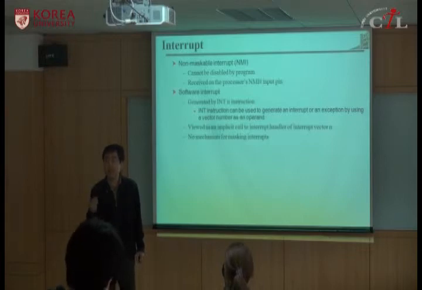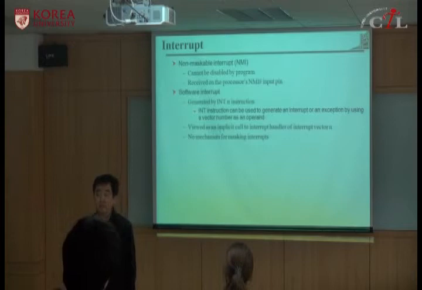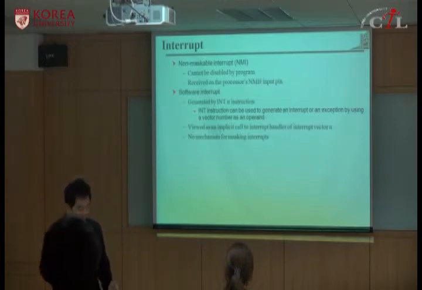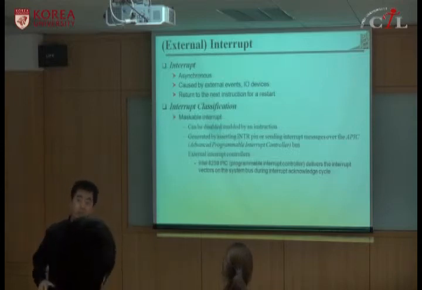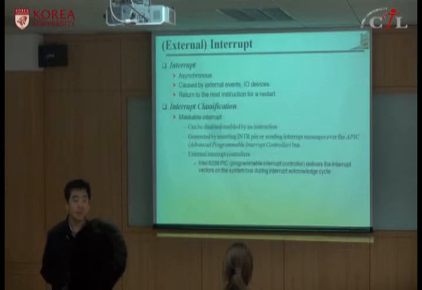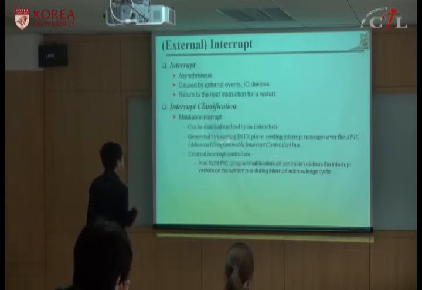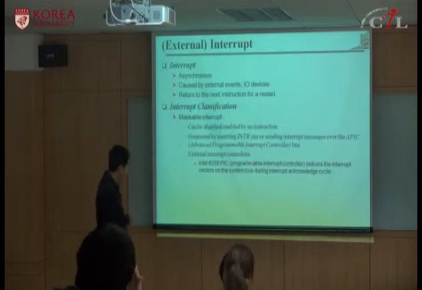This cannot be masked. This requires immediate attention and immediate handling by the processor. Okay? For the general interrupt, you use the INTR pin. This can be disabled by the processor if they are doing an important operation. Okay?